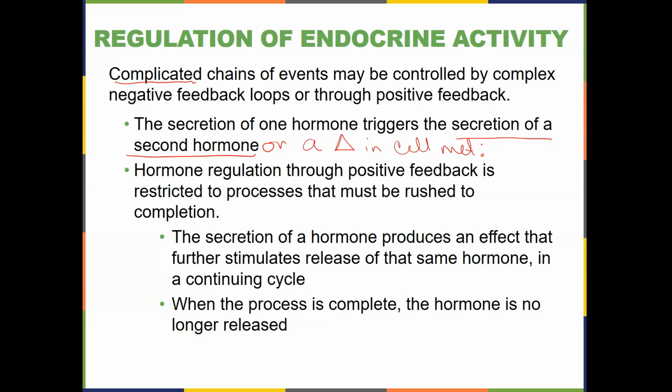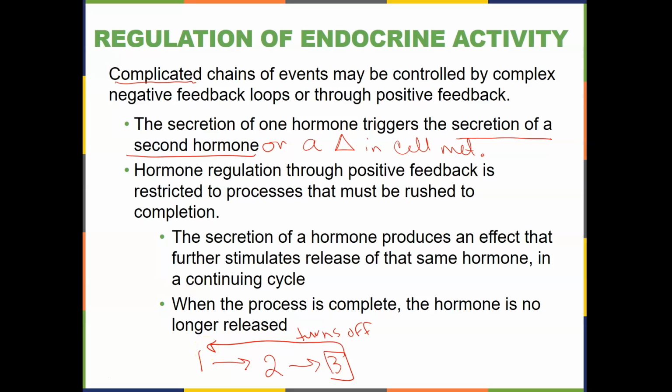The second hormone is then going to do something else, and you'll have hormone number 1 inducing hormone number 2, inducing hormone number 3, and sometimes hormone number 3 goes back and turns off hormone number 1. These are the more complicated metabolic endocrine activities, okay? So in hormone regulation by negative feedback, the last compound made turns off the first one, okay?